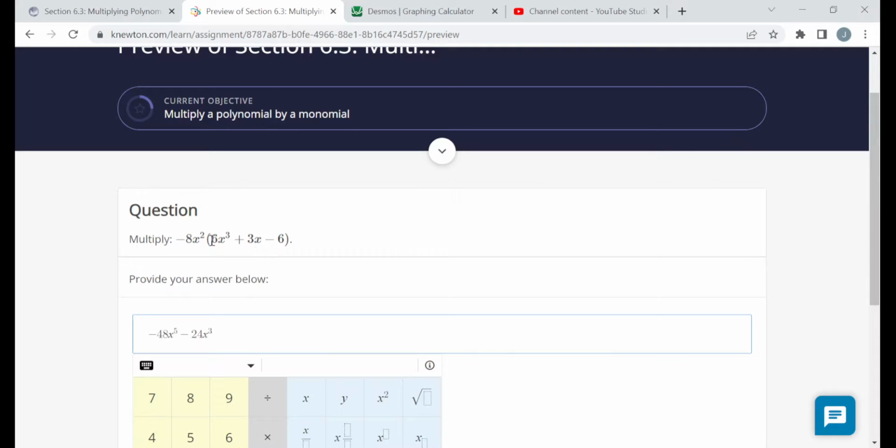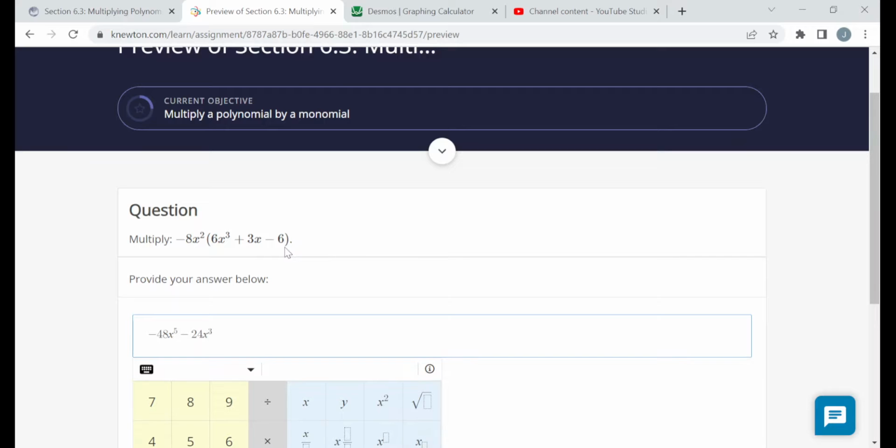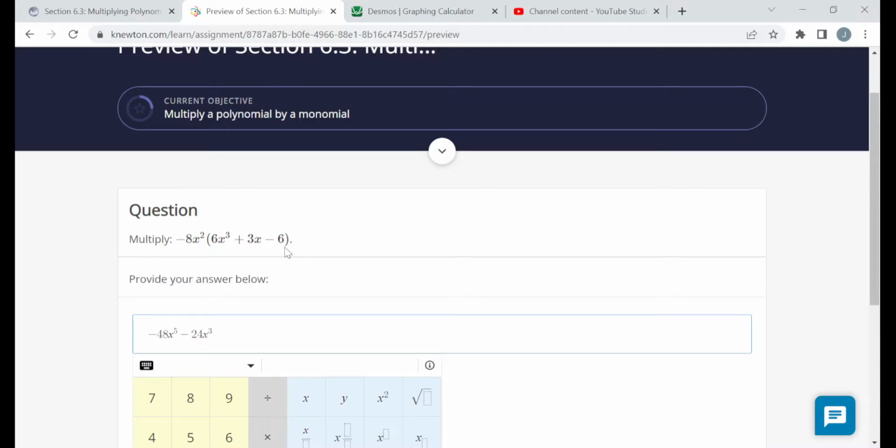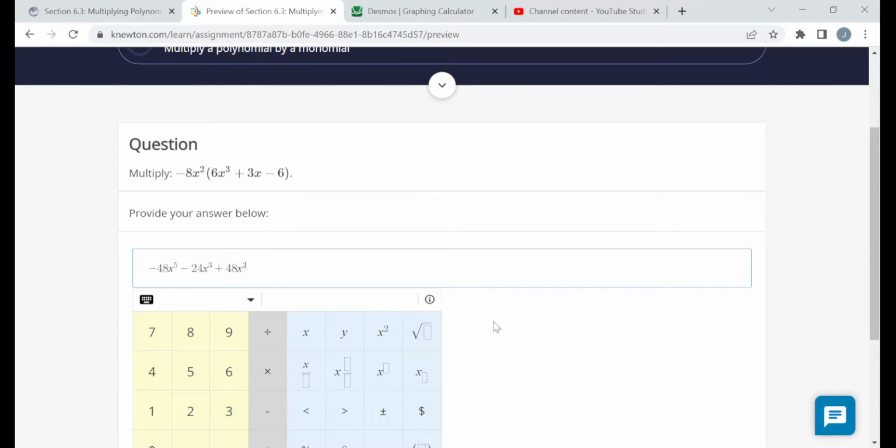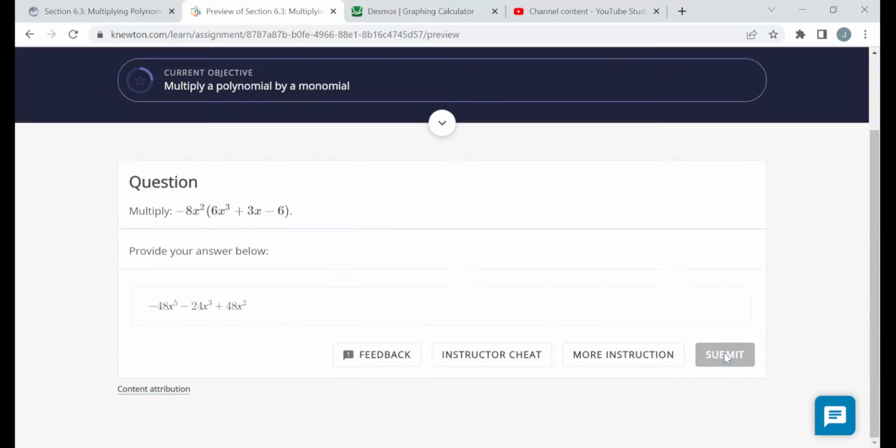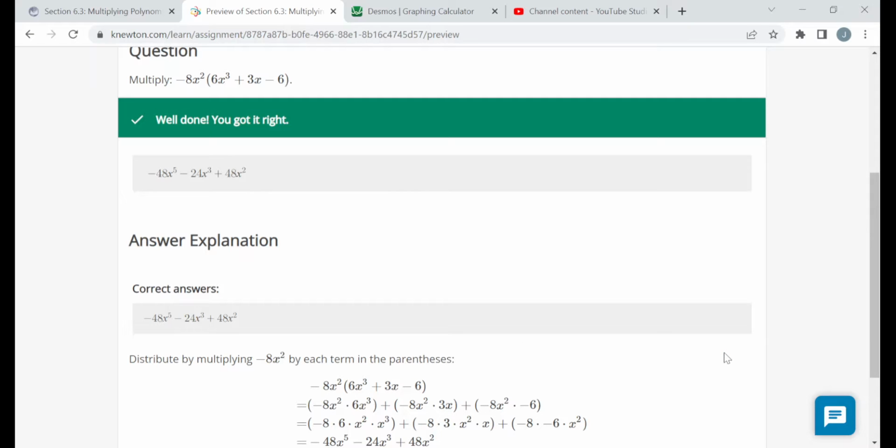And then negative 8x squared times negative 6 would be positive 48x squared. Let me get to where I can actually write it. Positive 48x squared. All right. And that should be good. None of these terms are like, they don't go together. And I'm done.